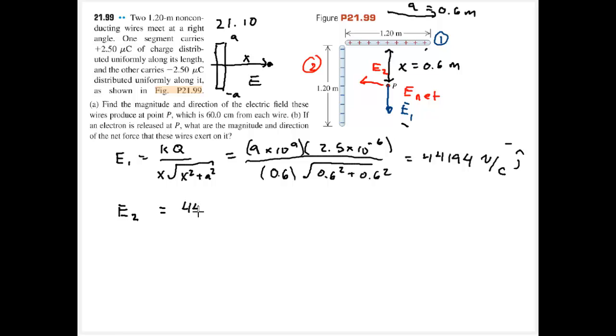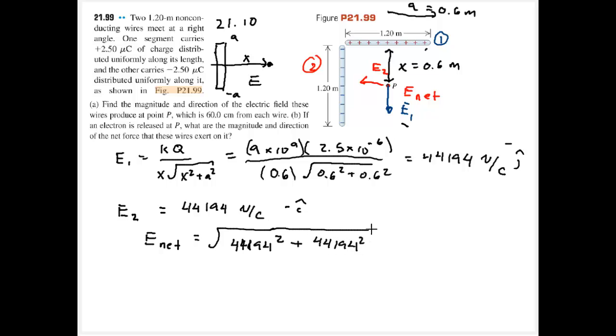So E2 is going to be 44,194 newtons per coulomb, and this is going to be in the negative i hat direction. And simply the net is going to be the square root of E1 squared, so 44,194 quantity squared plus 44,194 quantity squared, that's E2.